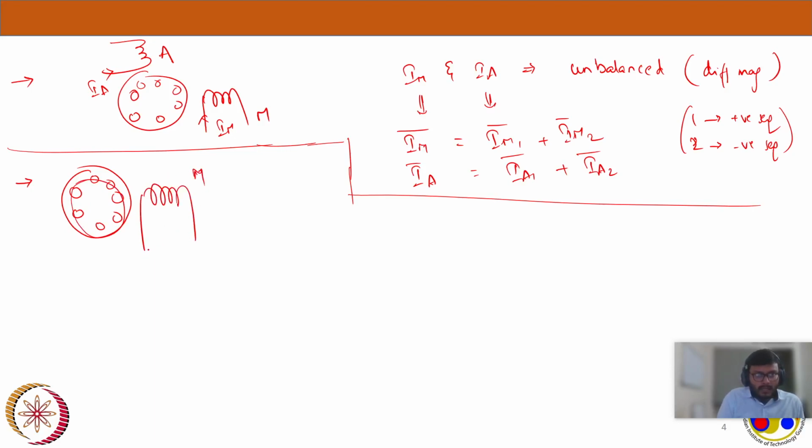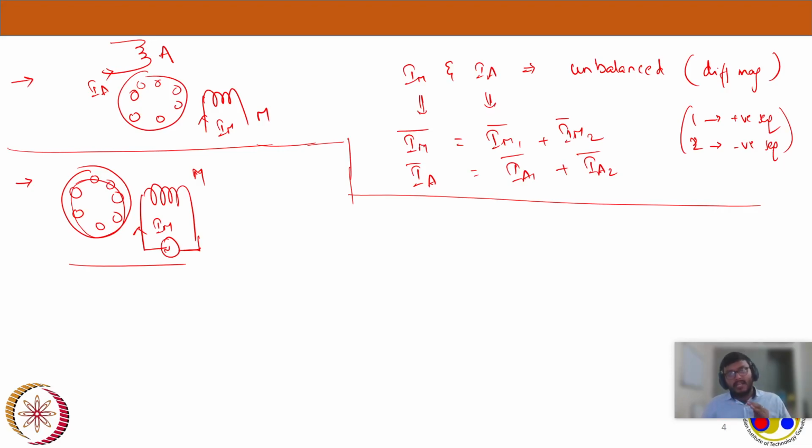This is the main winding, and I'm supplying it with an AC supply that will flow IM in the machine. This is my actual figure of how a single-phase induction motor looks.